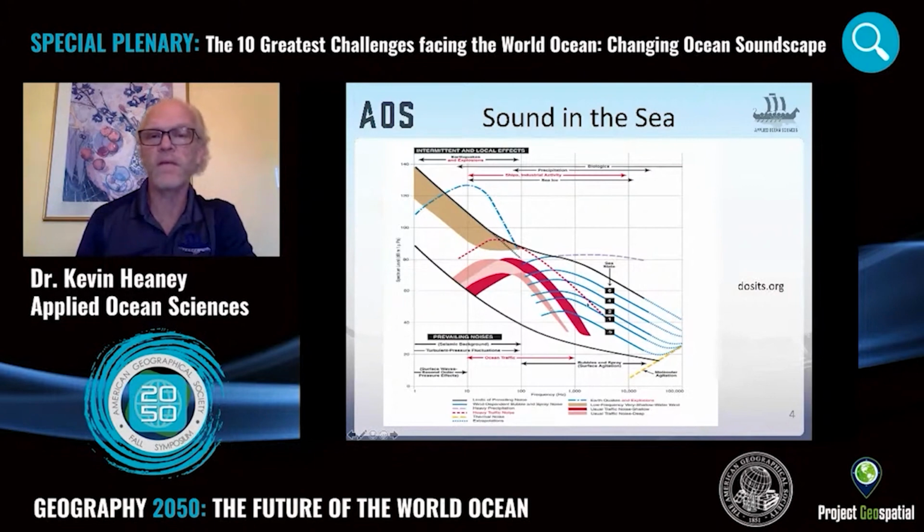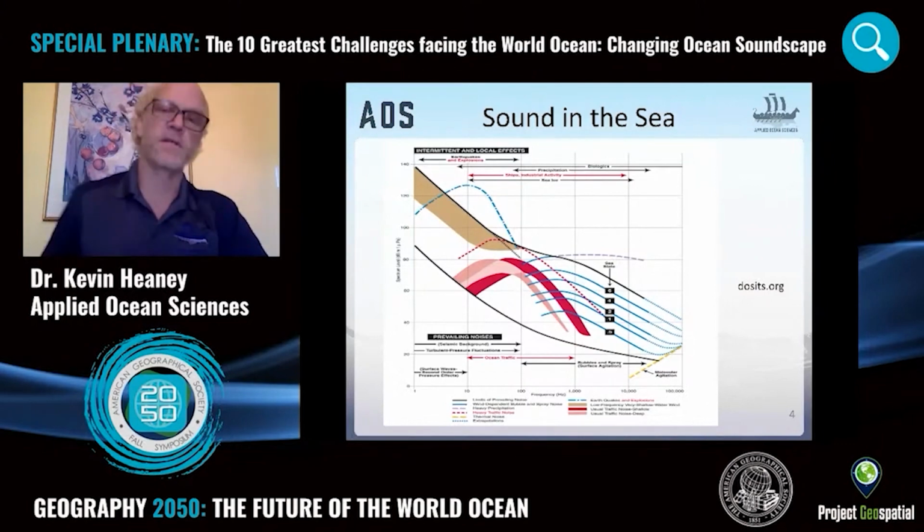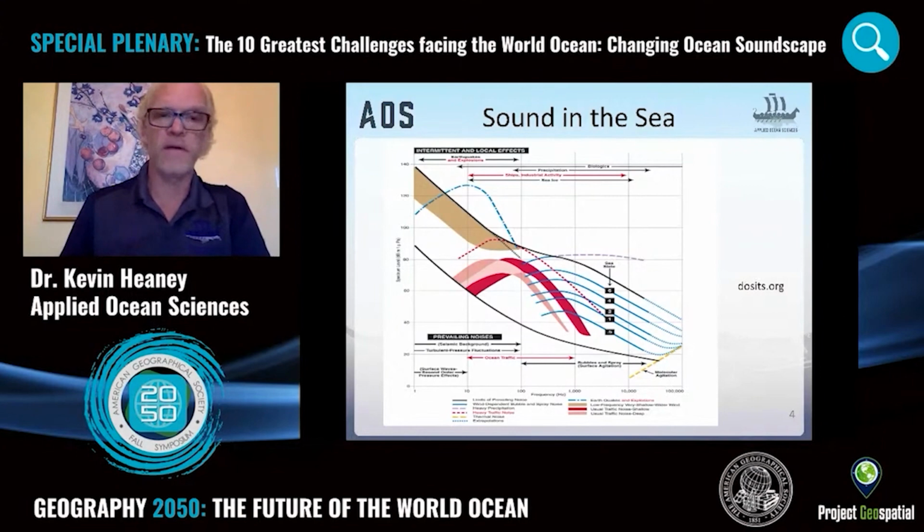These blue lines are wind noise for high wind speeds, and you can see they peak around 500 hertz. And the red and orange here are shipping noise in the lower frequencies, and then very loud things are earthquakes, which are louder than everything else, but they're very low frequency.